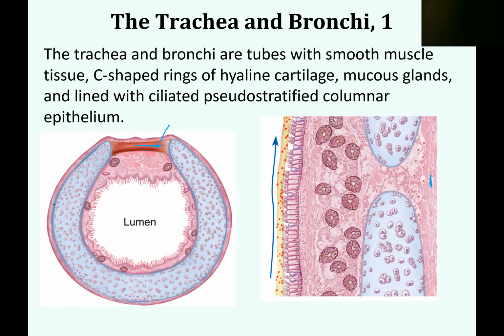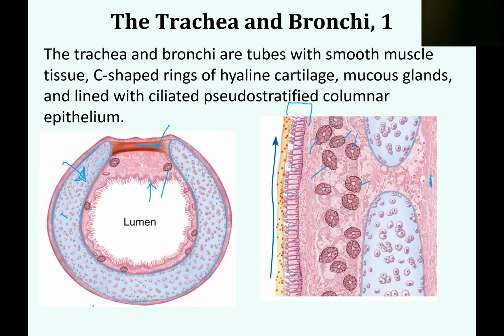The C-shaped rings of hyaline cartilage, mucus glands, these larger circles of simple cuboidal tissue, and it's lined with ciliated pseudostratified columnar epithelium. And so that would be this row here.